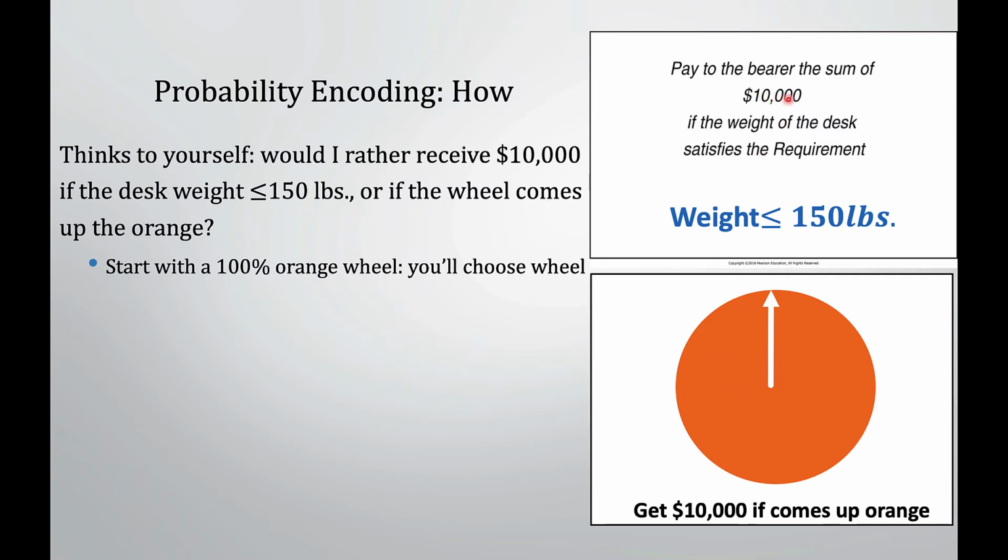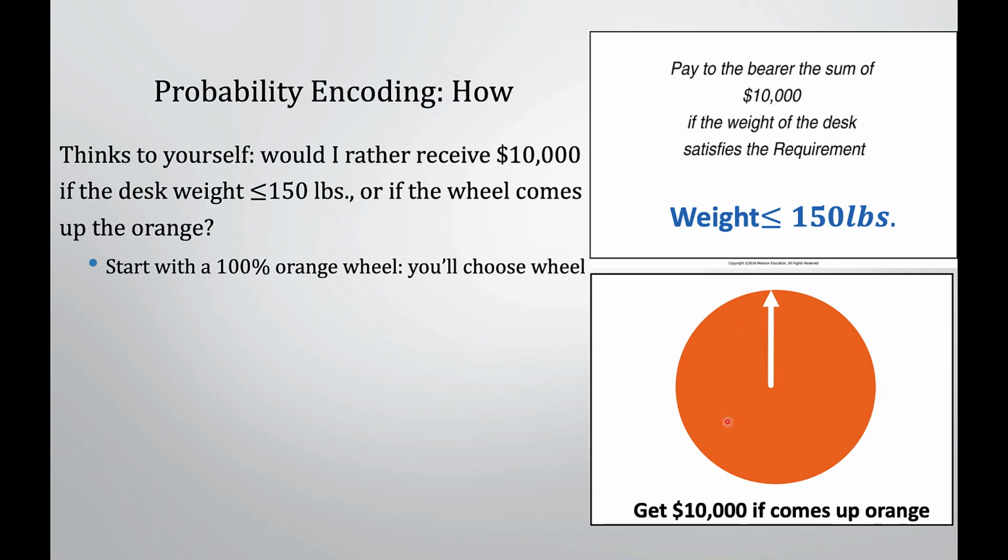Both are $10,000. Well, between these two, unless you are 100% certain that the weight of the desk satisfies this requirement, then you would choose this deal, right? If you have any suspicion that the weight might go over 150 pounds, then you should choose this orange wheel instead.